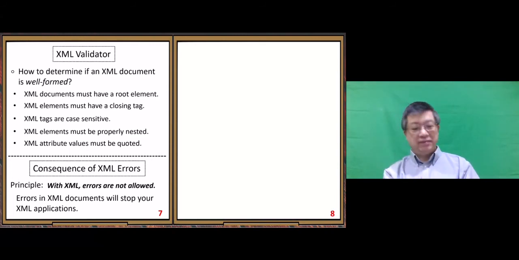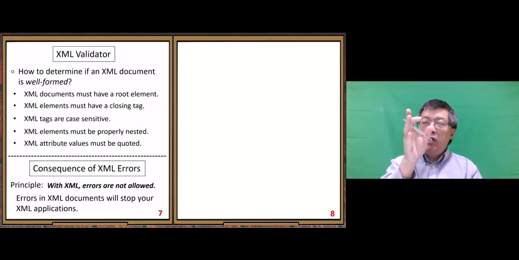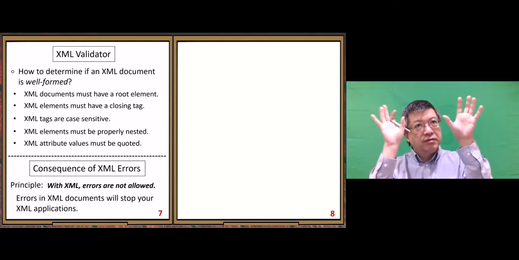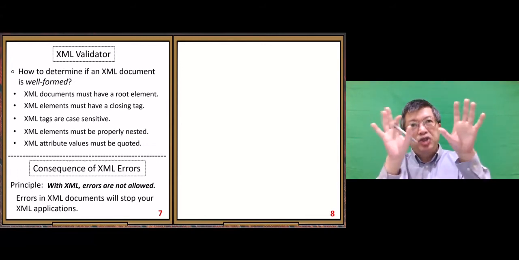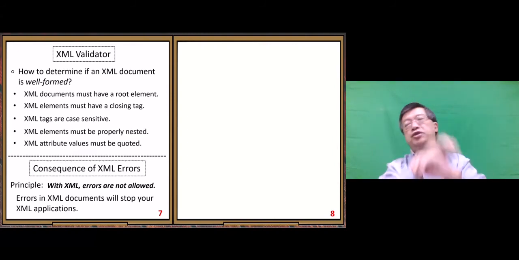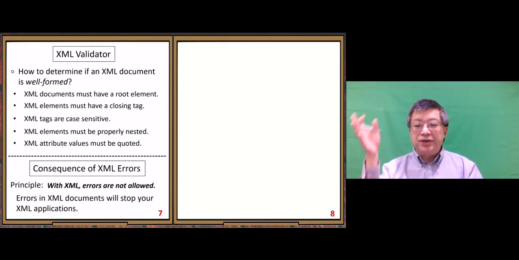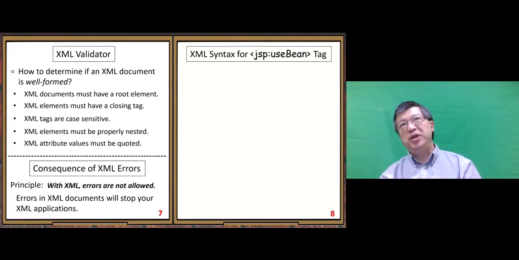The XML rules are important for data files that could be used by certain XML tools. With this background, now we can get to our JSP tags in our JSP.